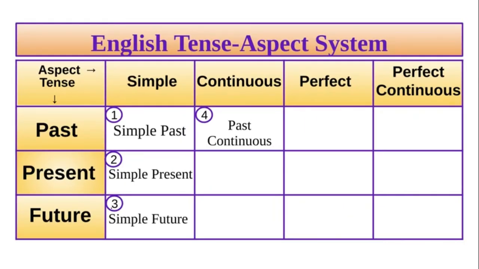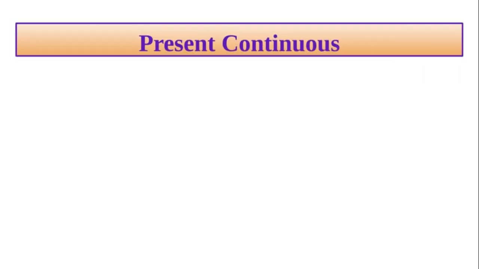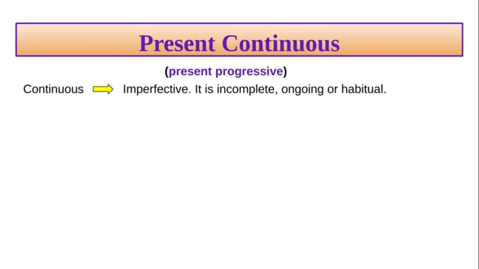The next English tense aspect combination, present continuous, also called present progressive. The present continuous aspect, also called present progressive. The continuous aspect is imperfective.